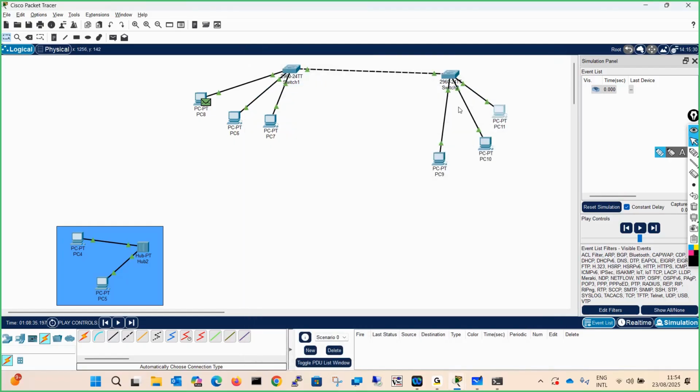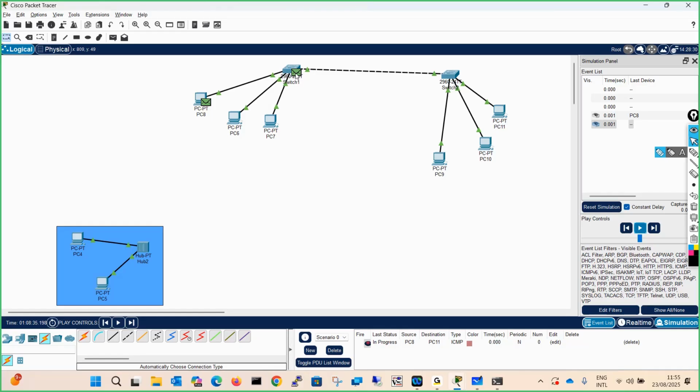Now PC8 wants to talk to PC11, right? This is PC8, PC11. PC8 sends the request over here. The request comes to the switch, the ARP request. If PC8 wants to talk to PC11, first it will send the ARP request to learn the MAC address.